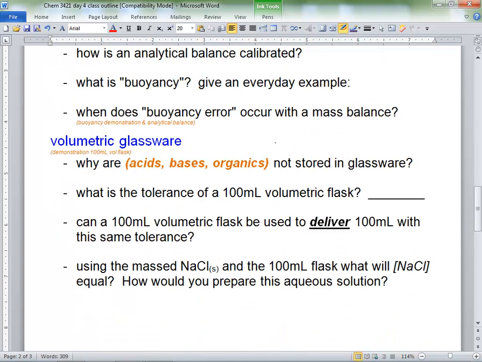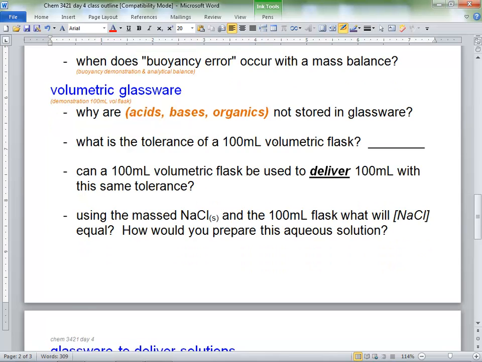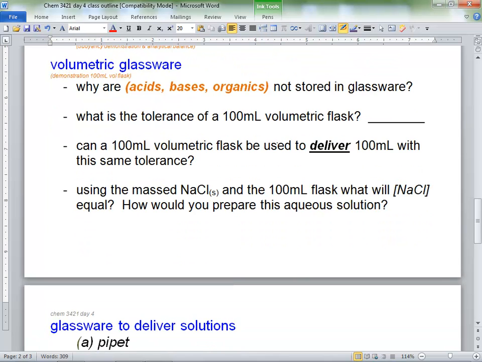Volumetric glassware. Which one do you not want to store in here? What would you say? Alyssa, what would you say?